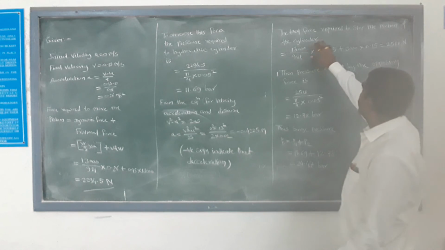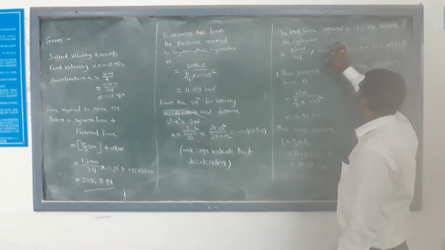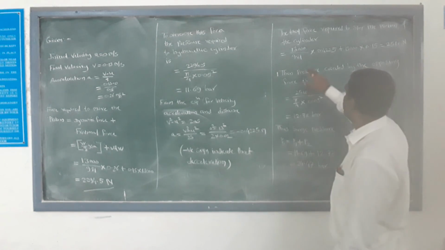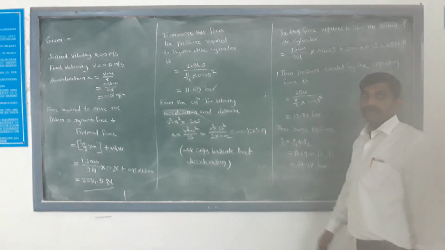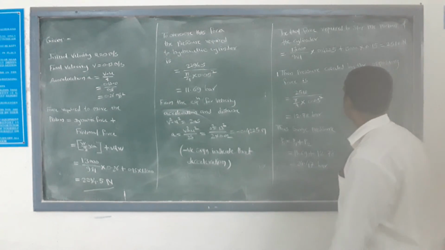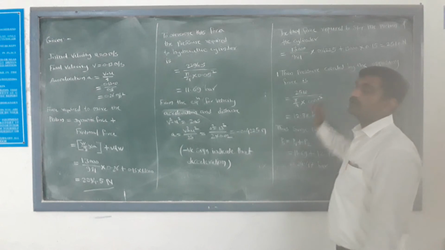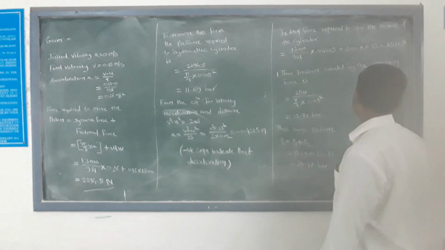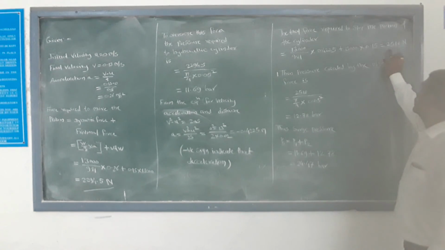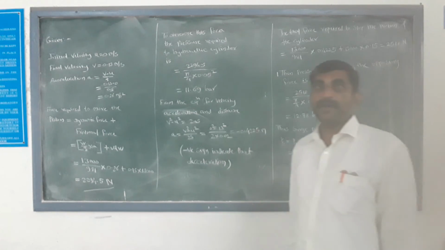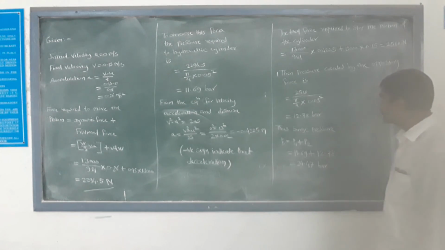After that, the total force required to stop the motion of the cylinder equals 13,000 upon 9.81 into 0.4225 plus 13,000 into 0.15, equal to 2510 Newton.